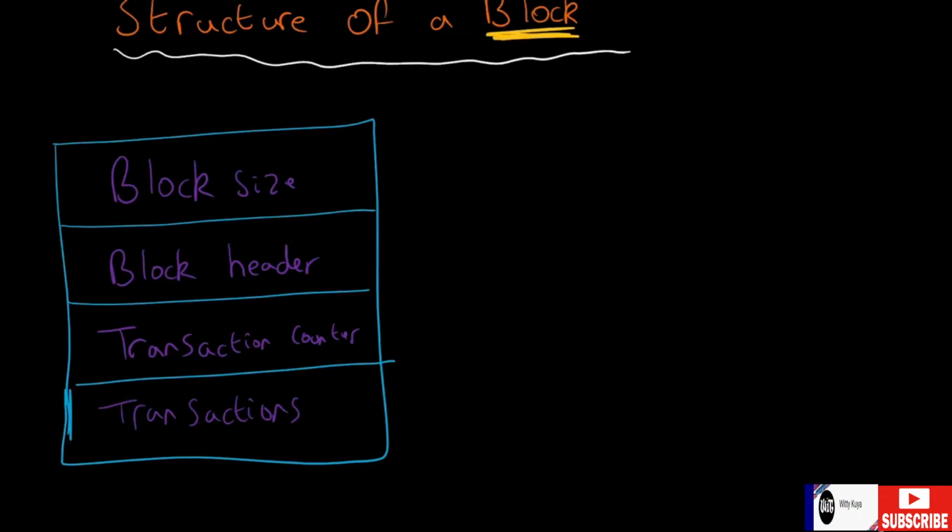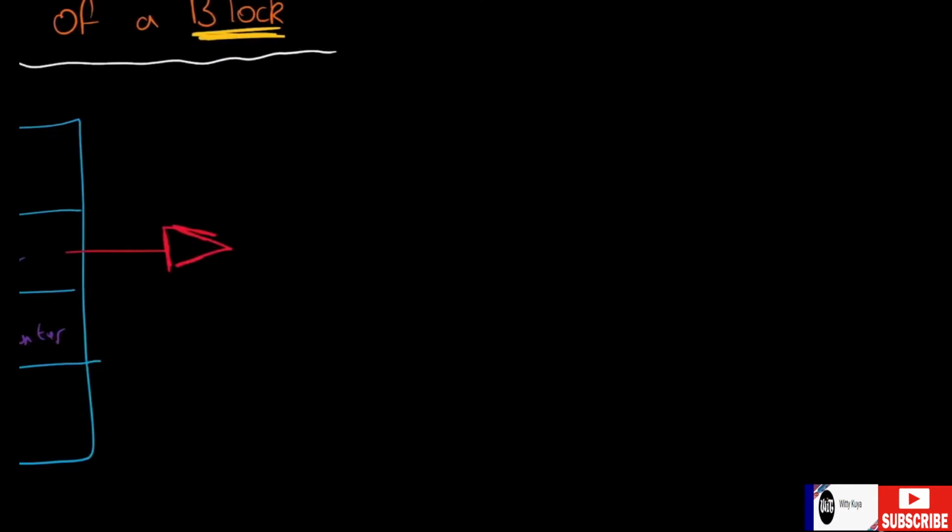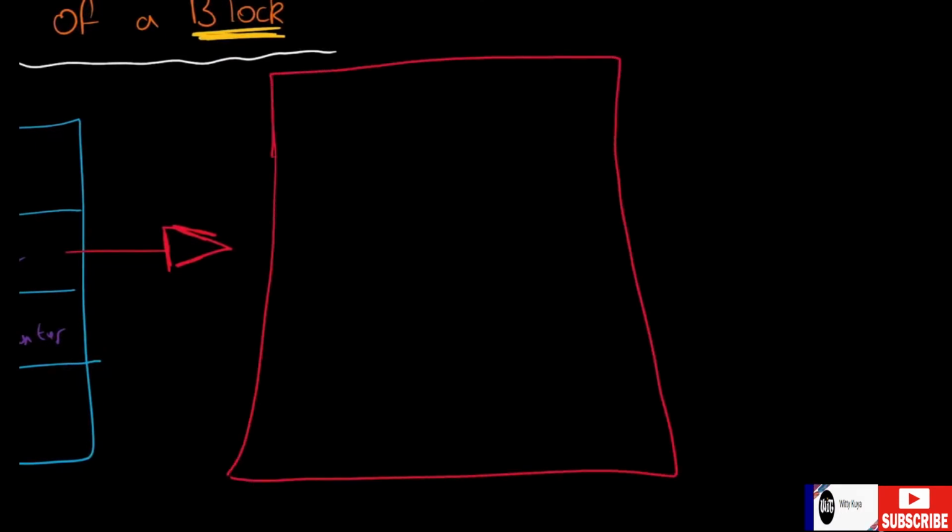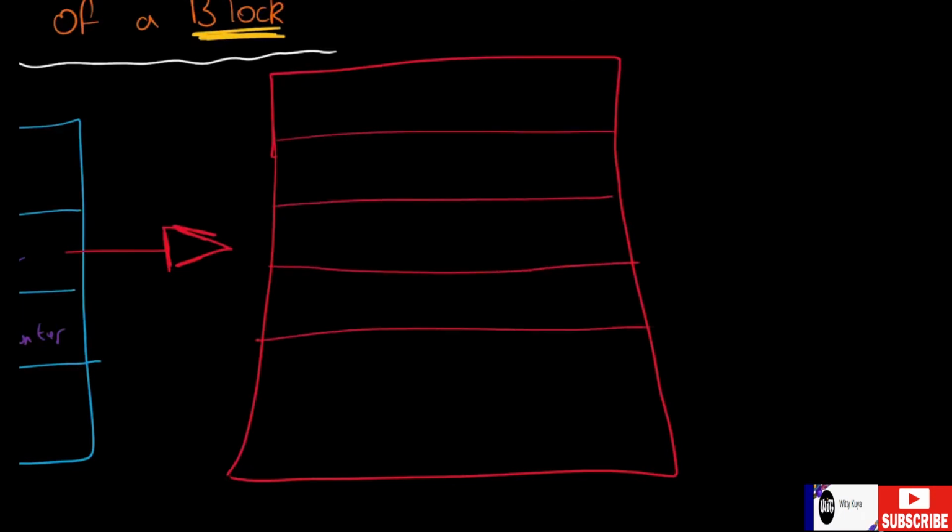So like I said, the block header is formed of several fields and they are very, very interesting fields. And let's cover those amazing and awesome fields right here. So there are 6 fields. So let's just divide that in half. We have 3 there and we have 3 here.